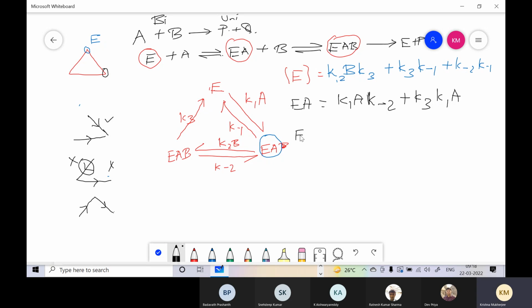And then what about EAB? So EAB is sitting here. So let me rub this out. What about EAB? EAB is sitting here. Sorry.